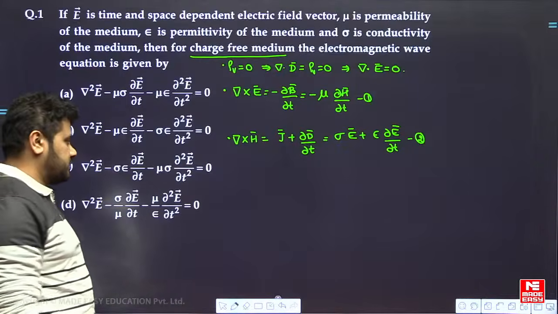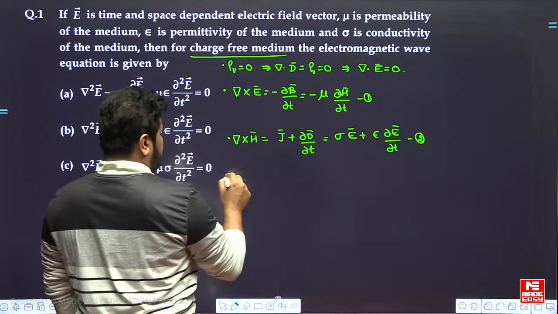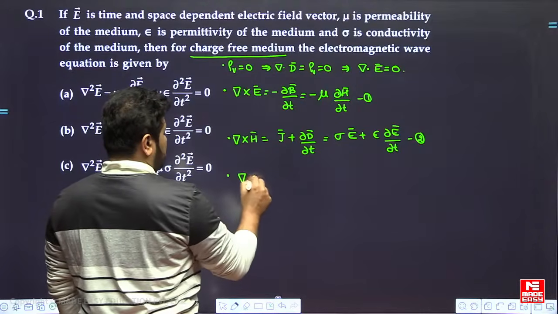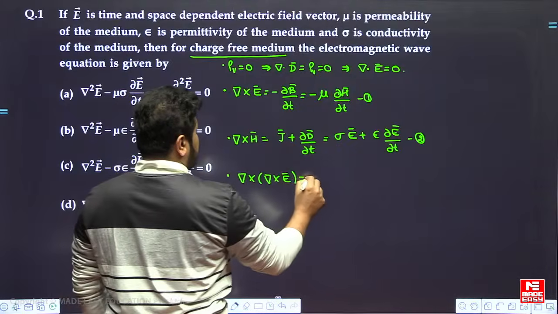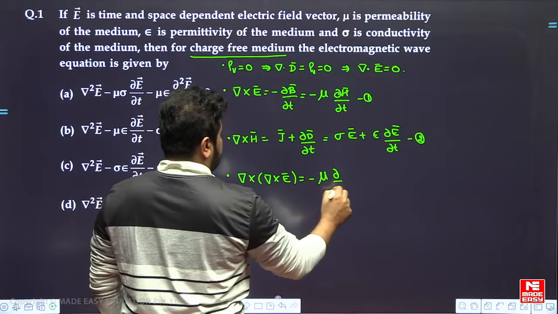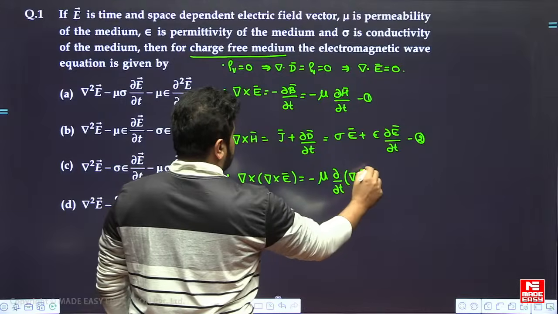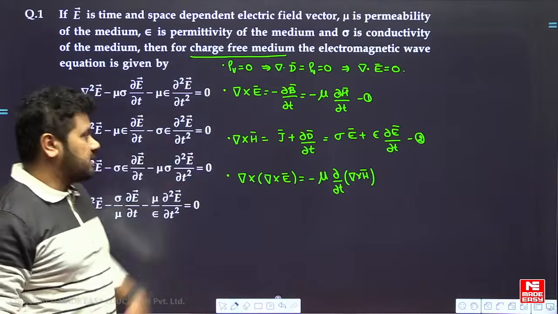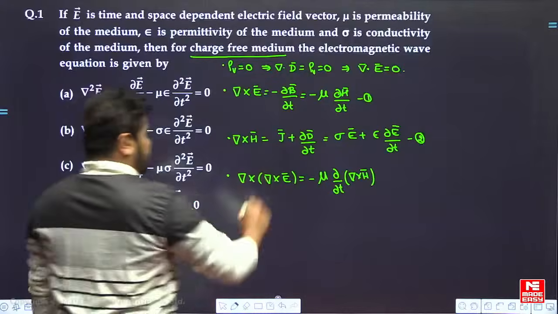Next we can apply the curl on equation 1 on both sides. So del cross del cross E is equal to minus mu times del upon del t of del cross H. I have done the curl on both sides. So what is del cross del cross E?